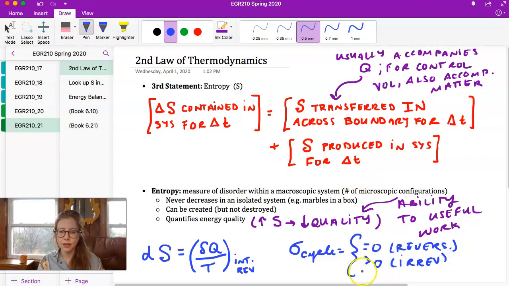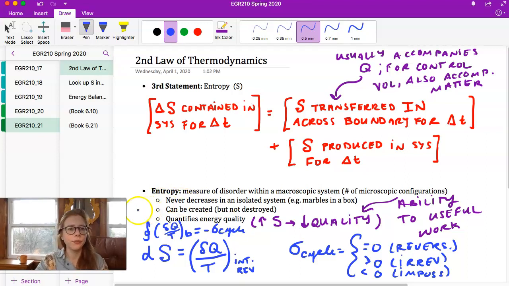And it's less than 0 if it's impossible. And that is for the Clausius inequality, right? Which is if you look at del Q over T over a whole cycle across the boundary, that's going to be equal to minus sigma cycle. Okay, so now we're starting to put these pieces together.